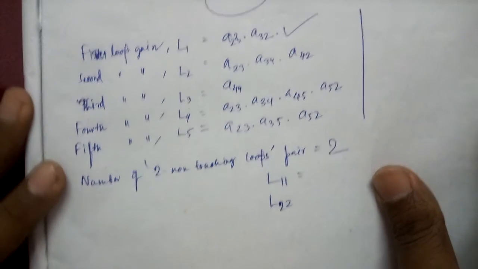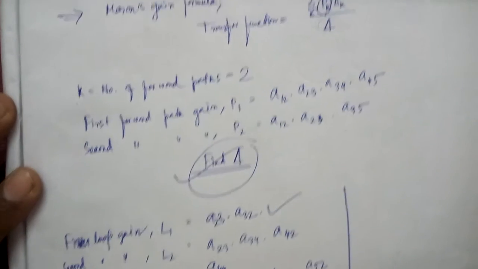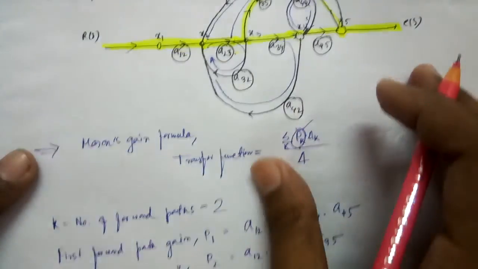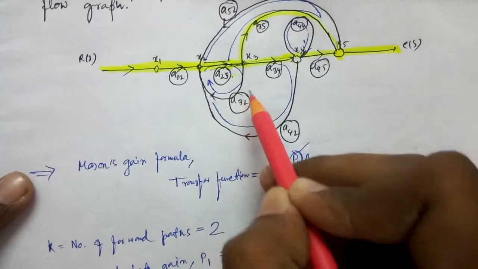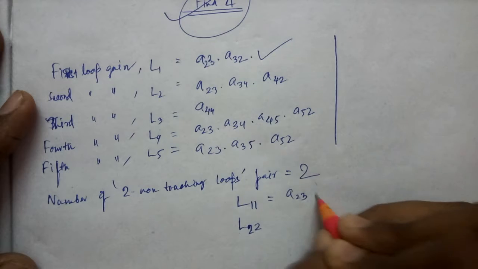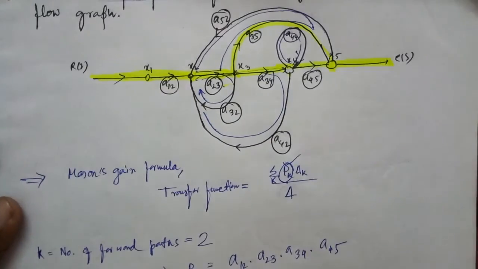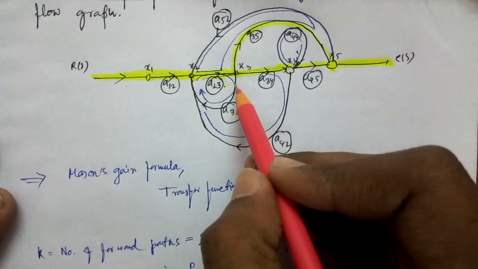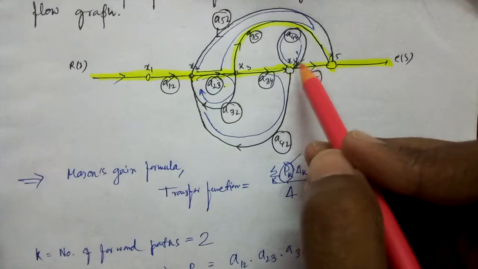First we have the sum of products, means we first have to multiply the non-touching loops. So the first loop is a23 a32, and this will be multiplied with a44. So the L11 value will be a23 a32 a44, and for L22, the second pair, the product of their gains will be a23 a35 a52 and then a44.